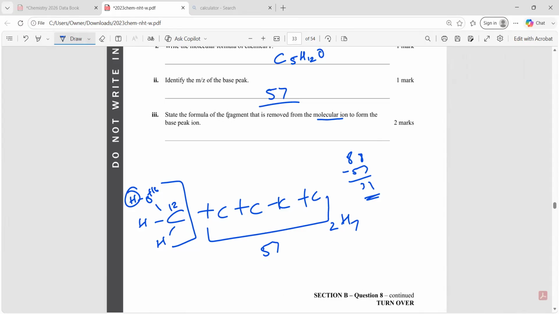But they're asking for the formula of the fragment that's removed from the molecular ion to form the base peak ion. So the formula that's removed to form the base peak ion is 57.